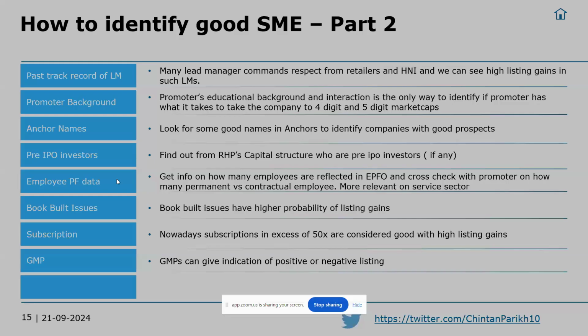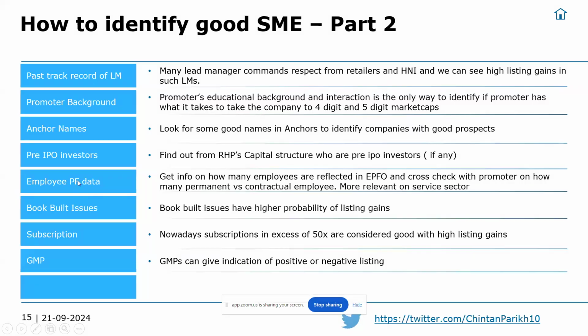All right, employee PF data. So this you can figure out now. Many times, the employee number which is mentioned in the RHP may not match the PF data that has been given. The reason could be that some of the employees are not eligible for PF, and for them ESIC insurance has been given. Some of them are on contract.